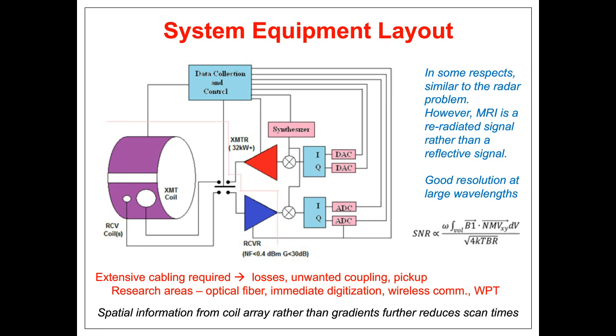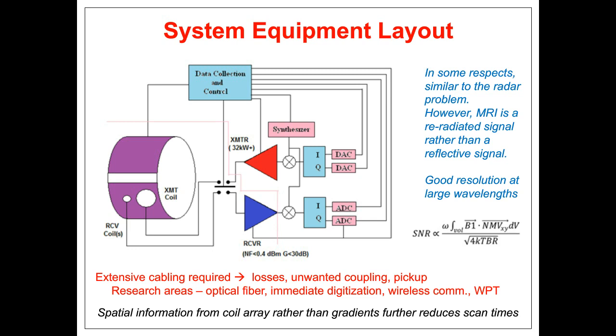There may be one receive coil, but the trend now is to what are called phased array coils, where you may have 16, 32, 64, or even 128 receive coils with their associated TR components and the associated low-noise amplifiers.